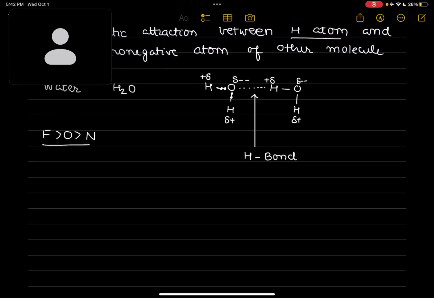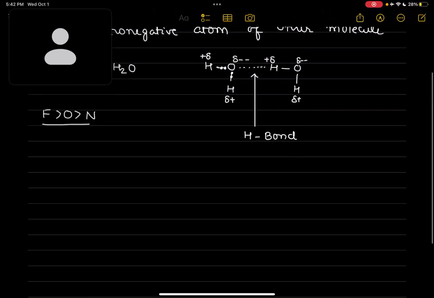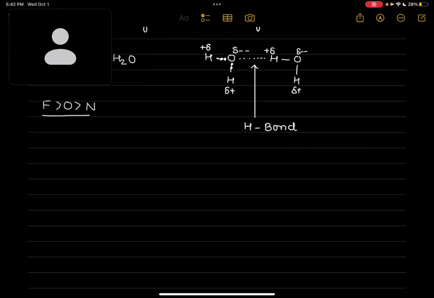So, in hydrogen bonding, only the hydrogen atom directly connected to an electronegative atom participates. Why is it so? Why can't any hydrogen atom participate? Why only the hydrogen connected to oxygen or fluorine can participate? What's the reason? Because of the charge.